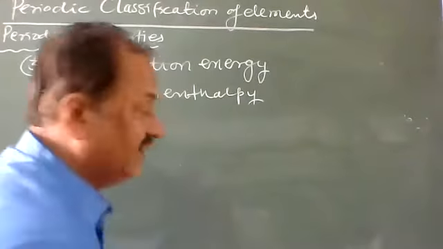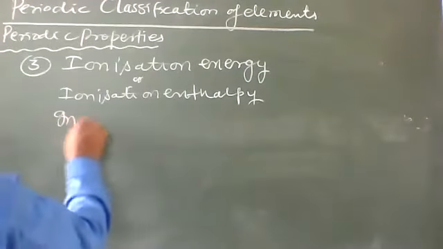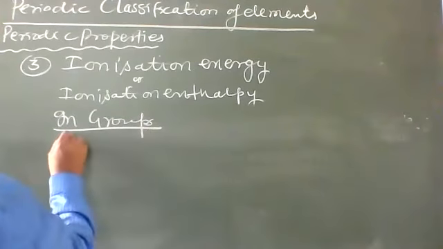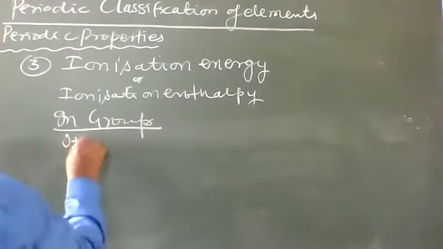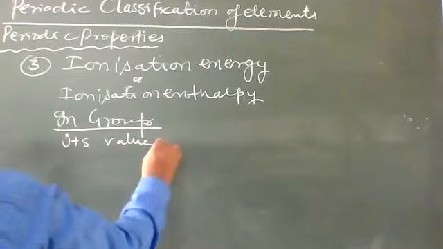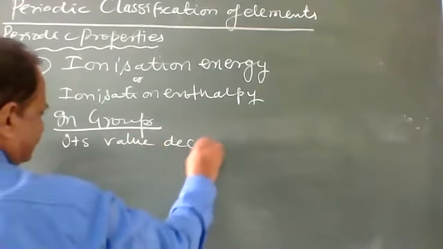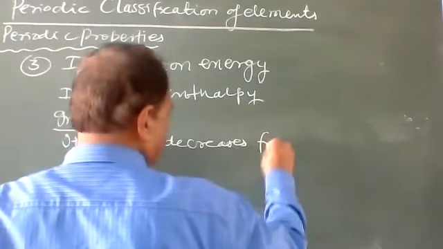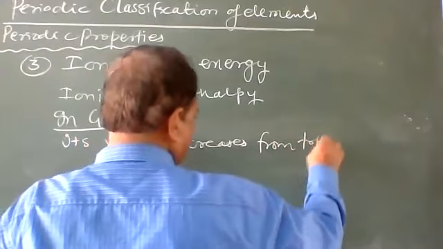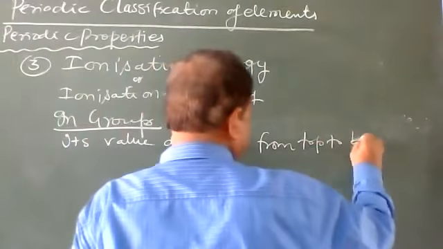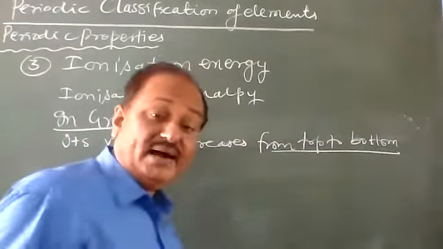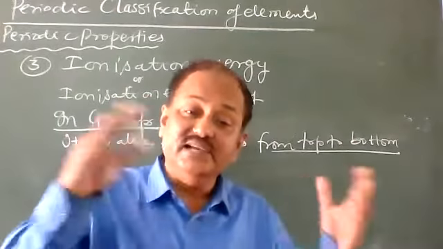Just a small description. So in groups, its value decreases from top to bottom. Why? Because atomic size increases.